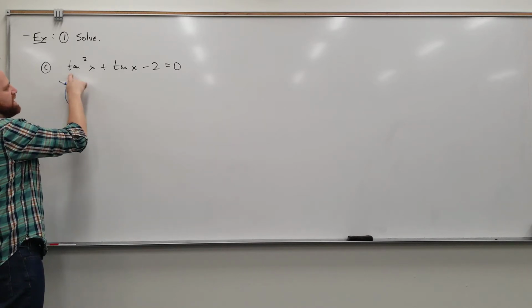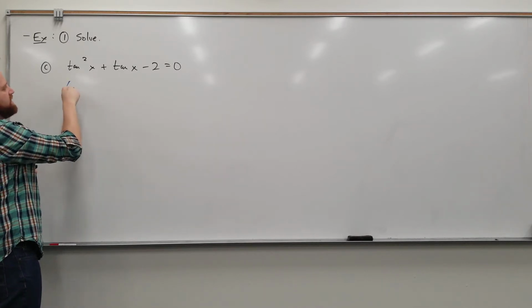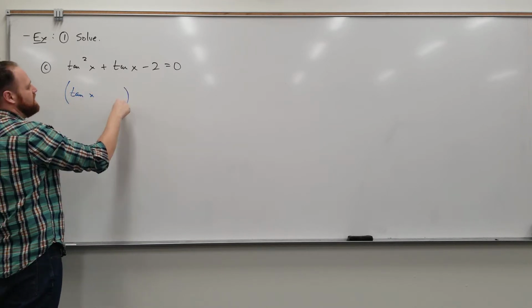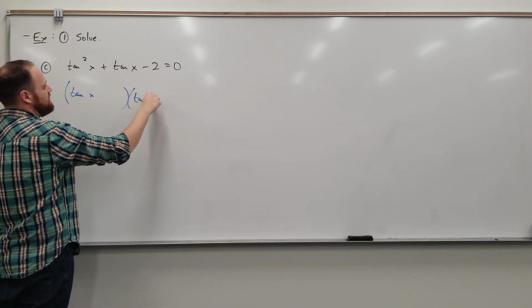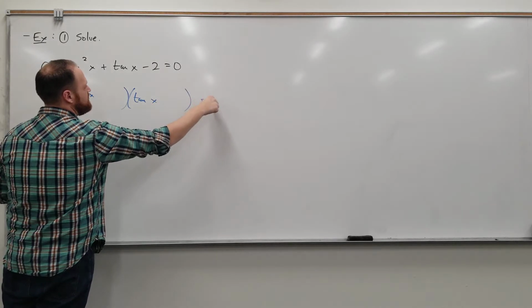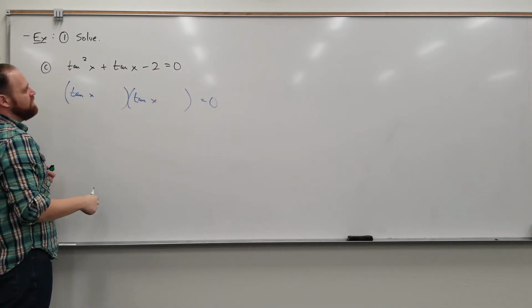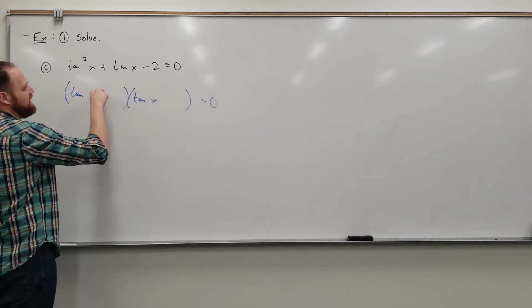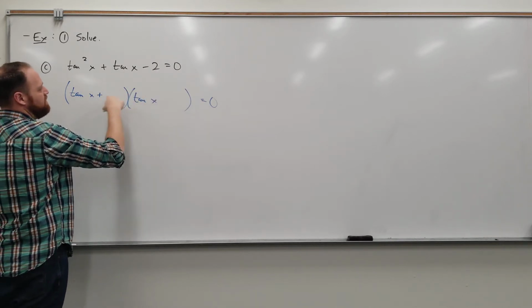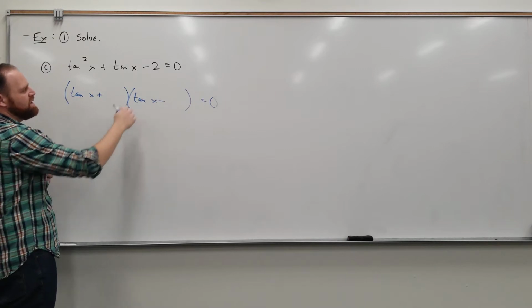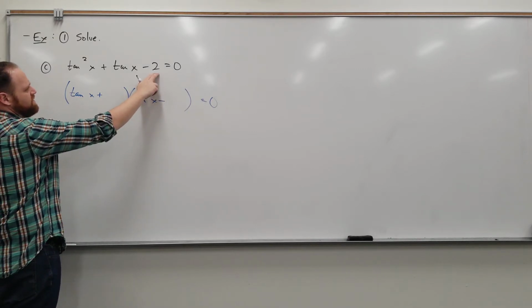I know that in order to get a tangent squared here, I should have a tangent x and a tangent x. And then in order to get a negative 2, one of these has to be a plus and one of these has to be a minus.